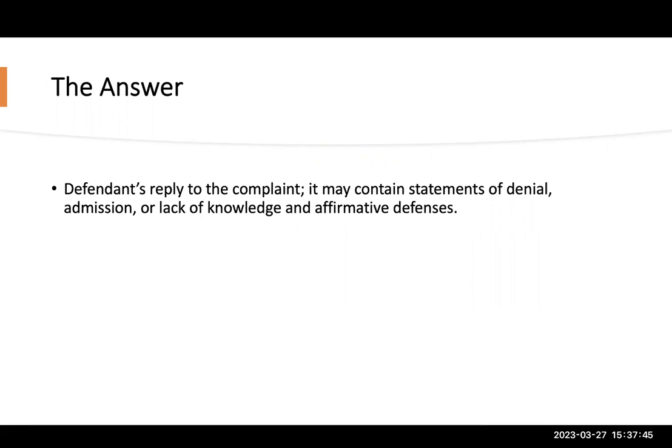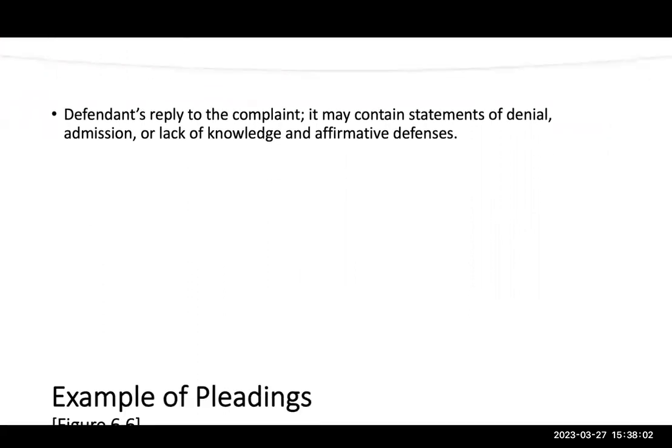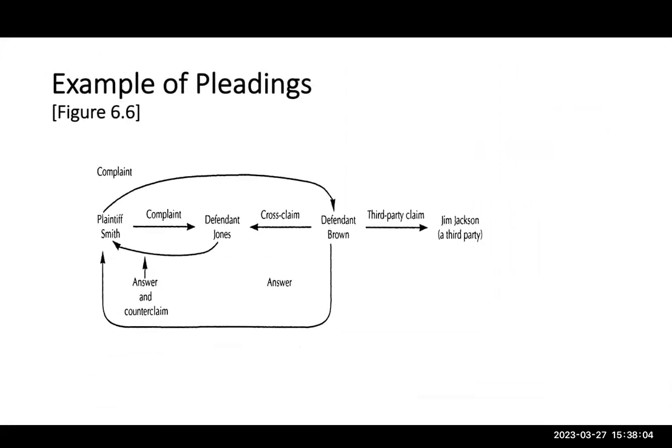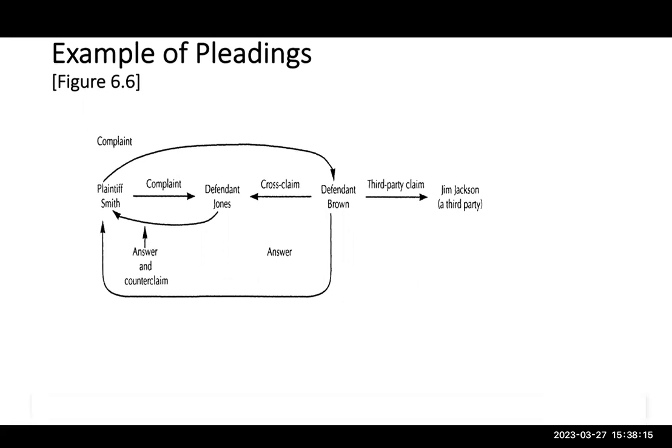So perhaps, say it was a case of an auto accident, an affirmative defense might be something to the effect that the plaintiff was partially negligent and therefore partially responsible for their own injuries. Okay, figure 6.6 of the textbook is a pictorial description of these various types of pleadings you may find helpful.